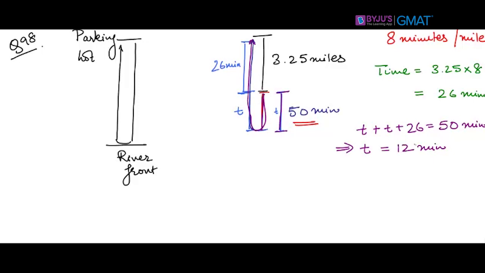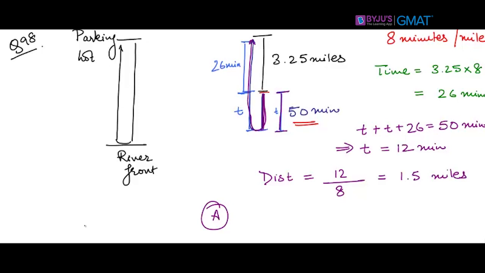Now that I know the time and the rate, I can find the distance, but be very careful. This is not your usual distance-speed-time, as the units are different. So this will be 12 minutes divided by 8 minutes per mile, which gives 1.5 miles. So he runs another 1.5 miles down south to make sure he can make it back to the parking lot in 50 minutes, and that's answer option A.